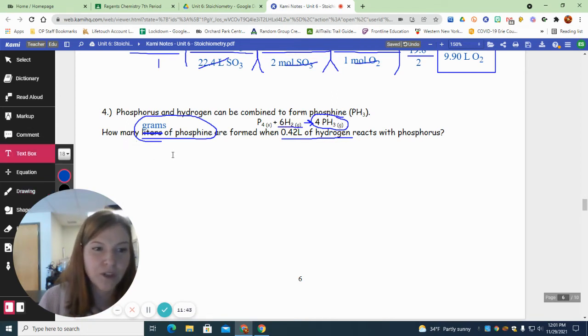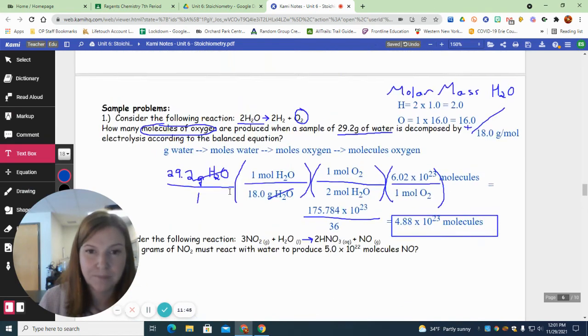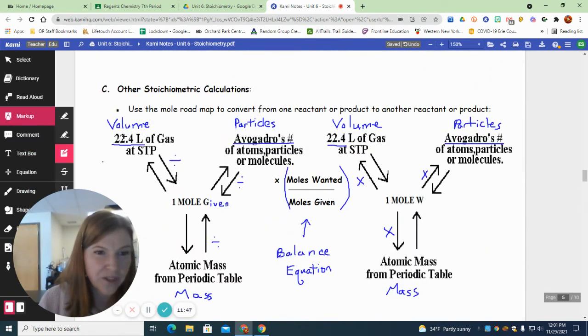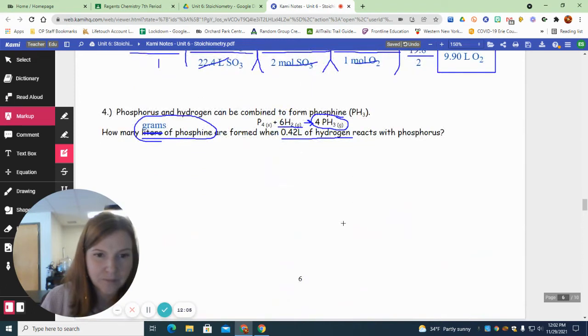So think about what you have to do to solve this problem. We are starting with liters of hydrogen here. We're going to convert to moles of hydrogen here. We're going to use the mole ratio to get from moles of hydrogen to moles of phosphine. And then once we know moles of phosphine, we are getting to grams of phosphine, which is down here. So that's our pathway that we're going to follow.